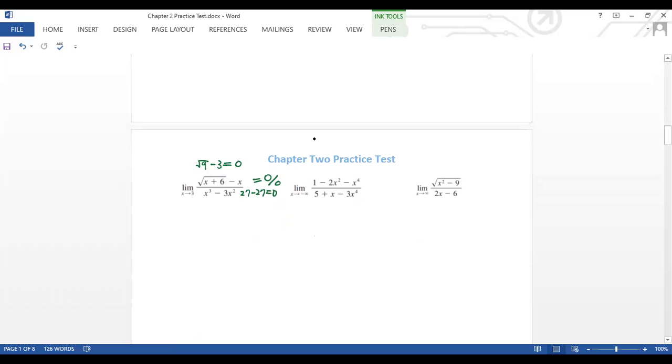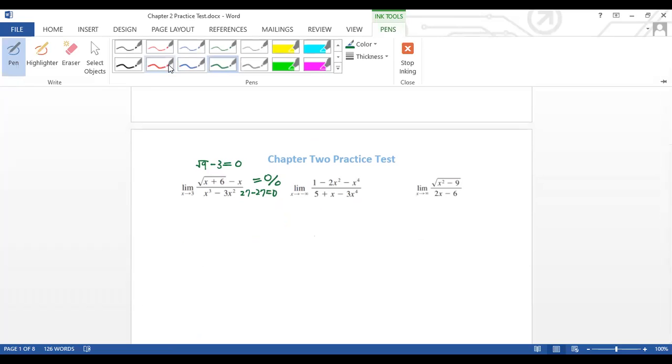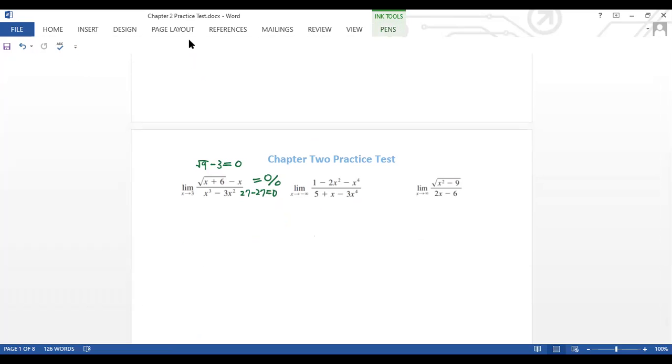So how do we do that? One of the skills we talked about during the lecture is that most likely if you see square roots, we want to find a conjugate. Here the bottom is x cubed minus 3x squared, and the top is the square root of x plus 6 minus x.